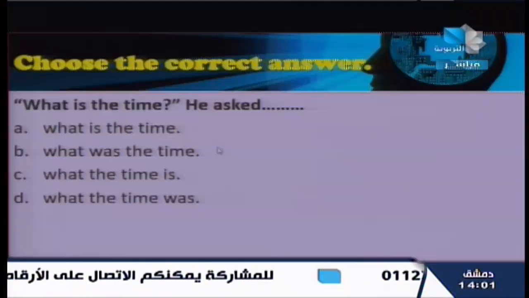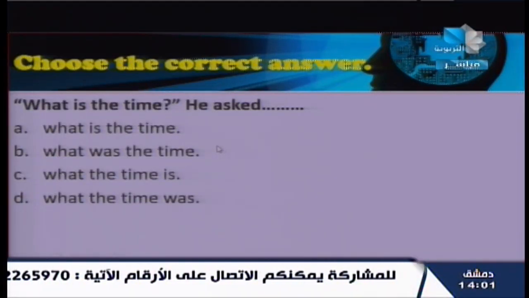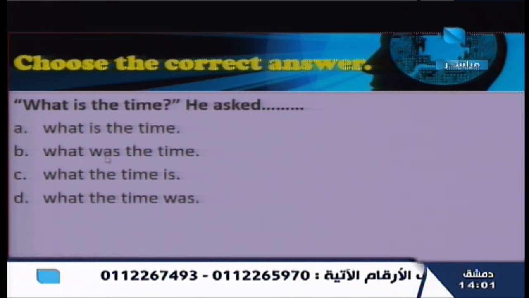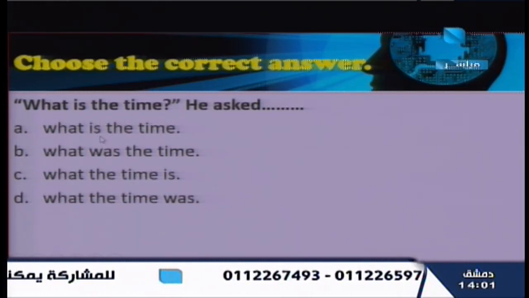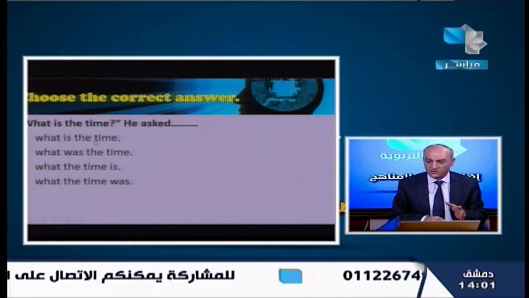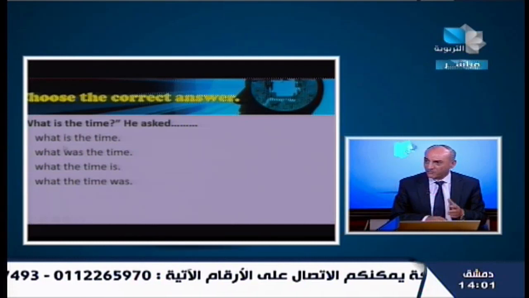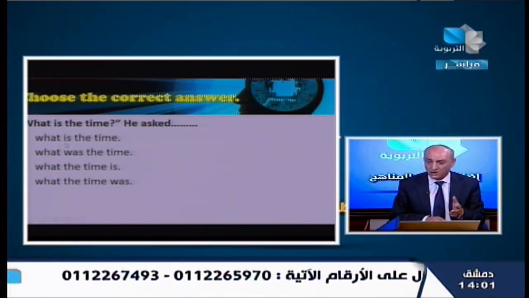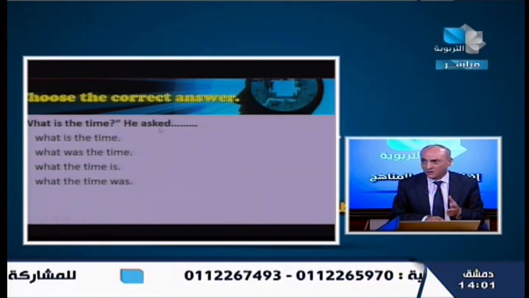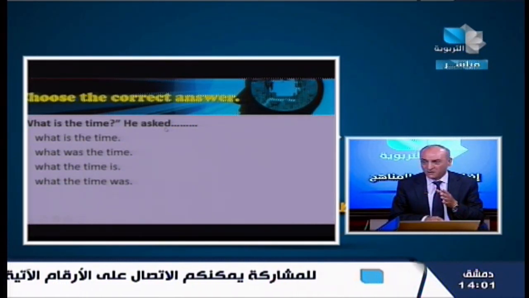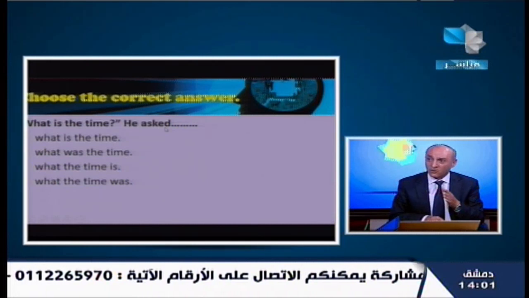So students should know very easily that the first choice and the second choice are not correct. Why? Because there is a verb before the subject. There is no inversion here. It is wrong. Here we are writing a statement, not a question. So we must use the subject first before the verb.